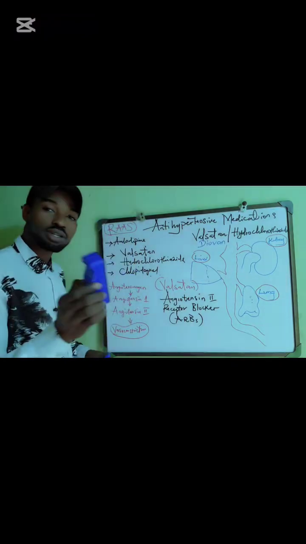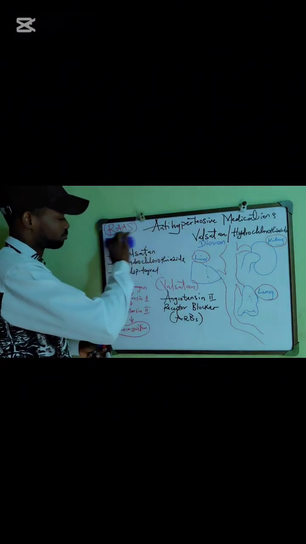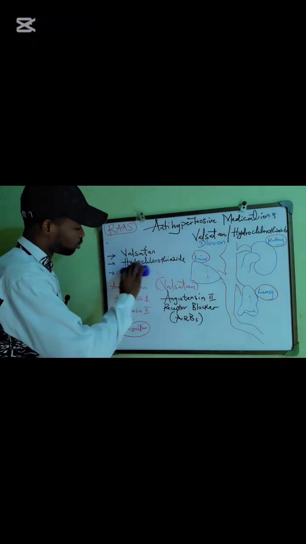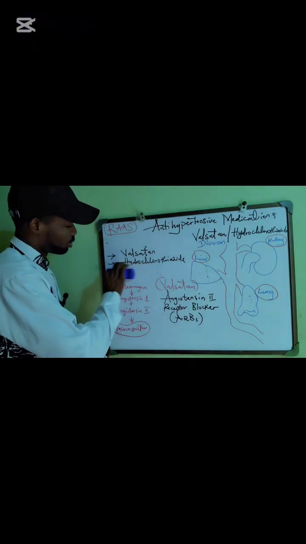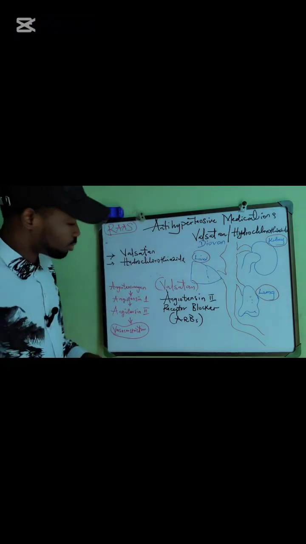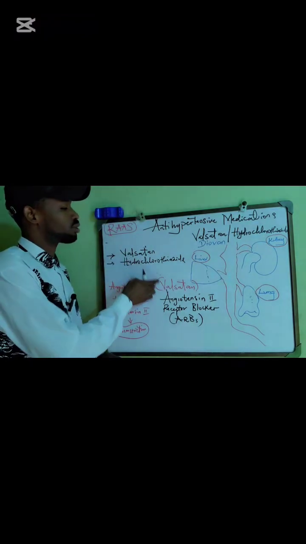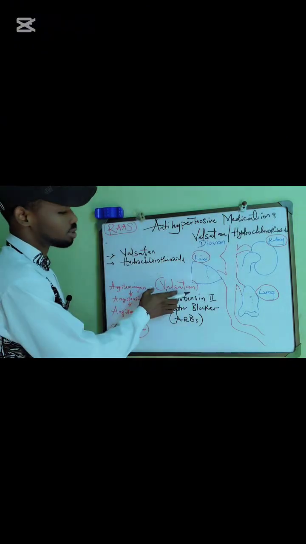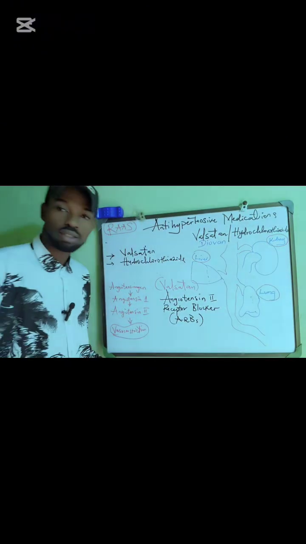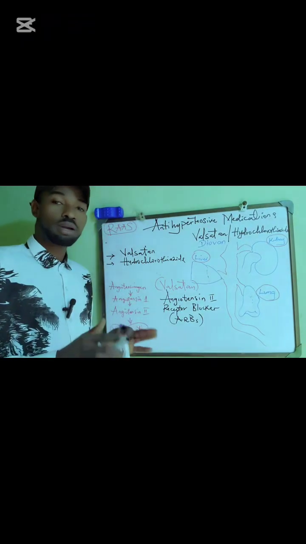So let me just clean off the amlodipine and clopidogrel so that we'll have a space. All right, let's go straight to the point. We are talking about valsartan and hydrochlorothiazide. Valsartan is a medication that you use to lower blood pressure.